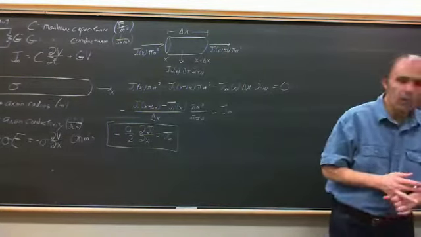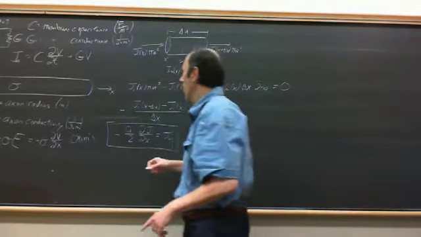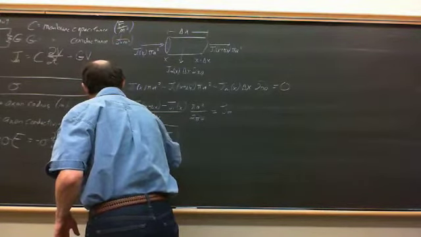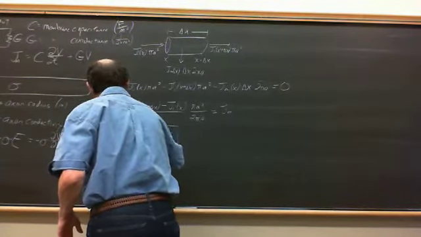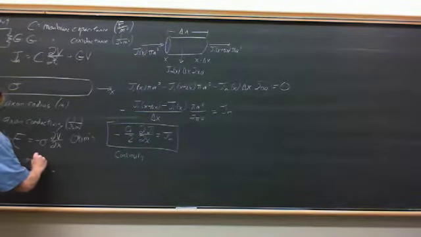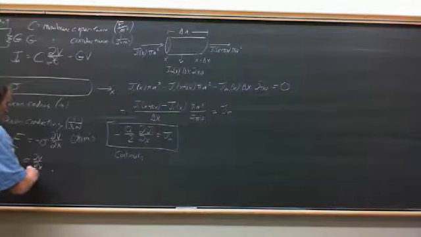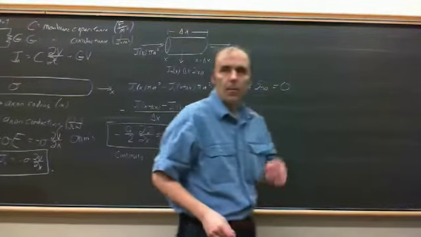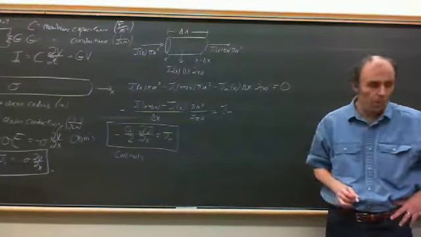Okay, so we got two relationships now, Ohm's law and a continuity relationship. I might as well put Ohm's law here in a nice box too. Okay, so I just rewrote this. Forgot the middle step. Now, what do we do next?